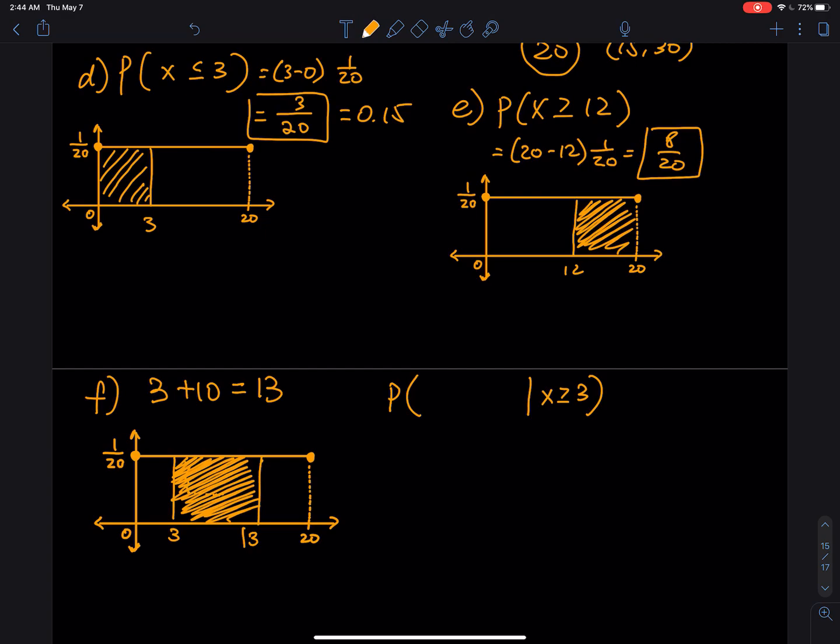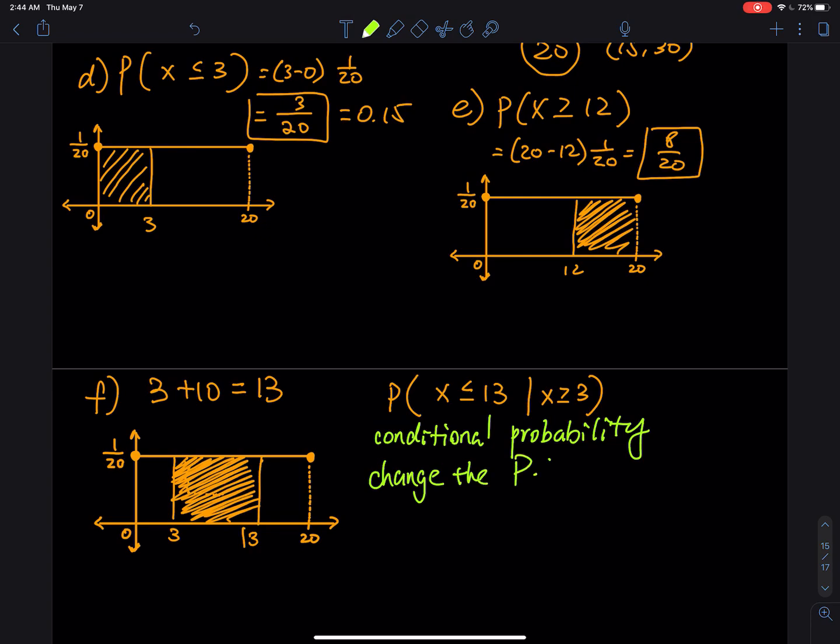No, it is not so easy when it comes to conditional probability. Let me go ahead and finish my writing. So what do we have to do? Let me change colors for this because this is way too important when it comes to conditional probability. You have to change the probability density function.